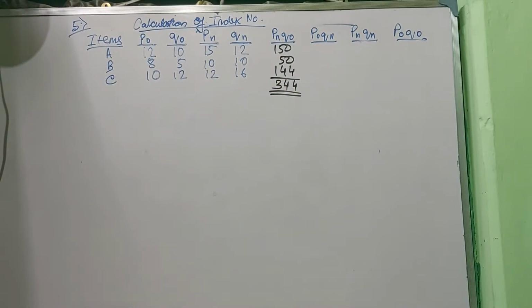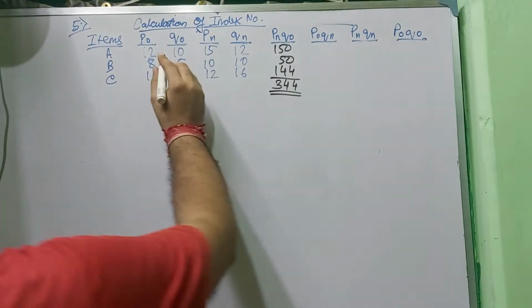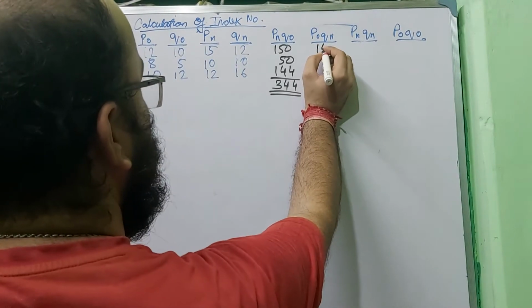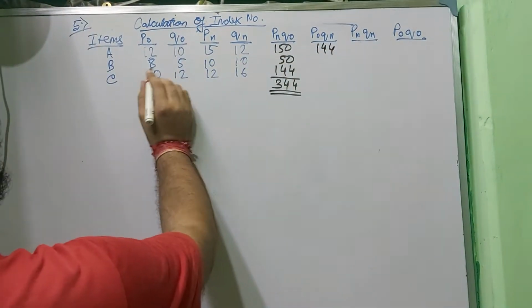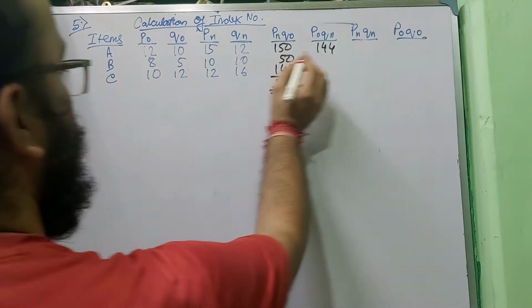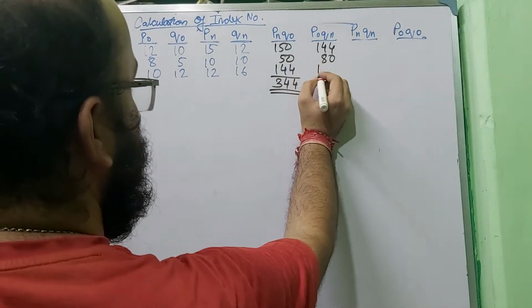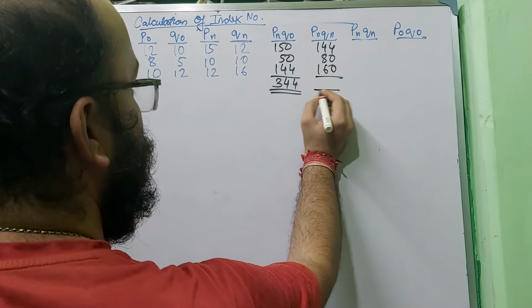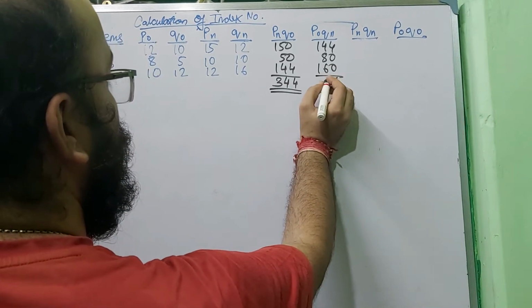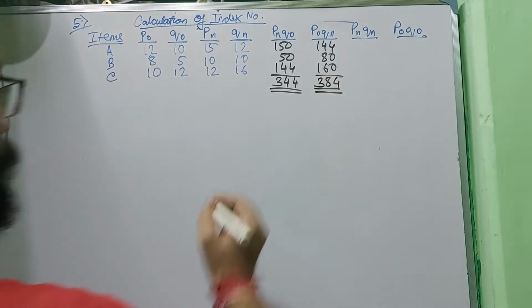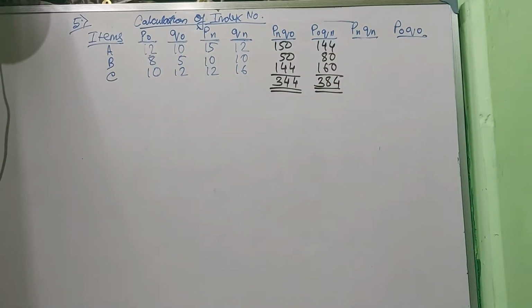P0 Qn: 12 into 12 is 144, 8 into 10 is 80, 16 into 10 is 160. You add up, 384. Okay.